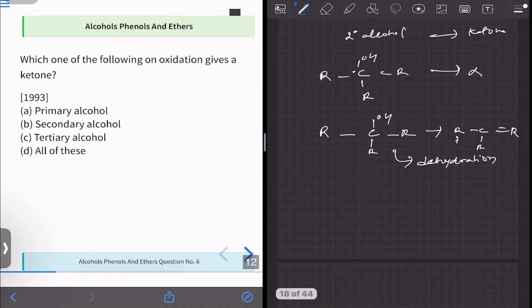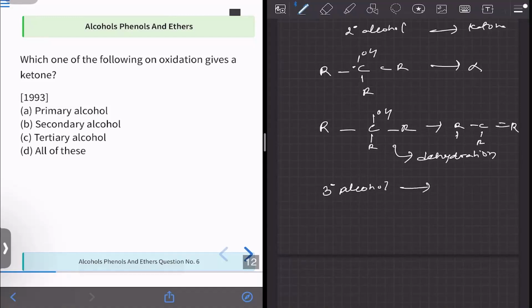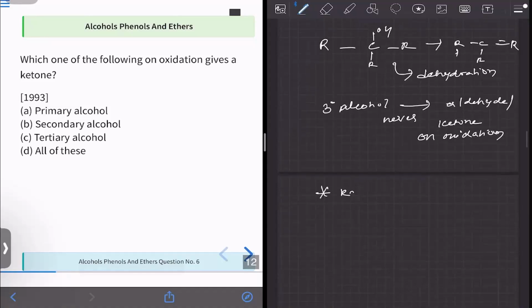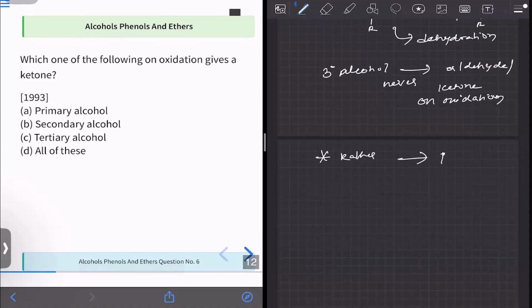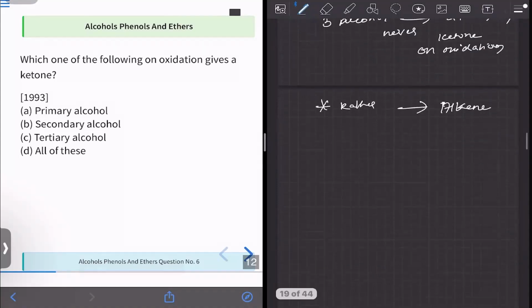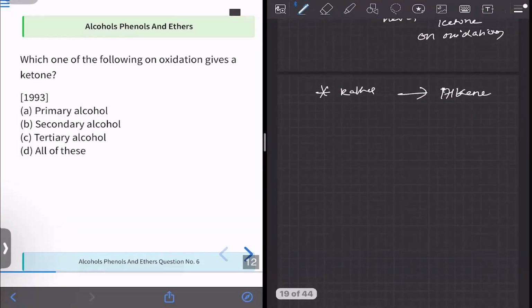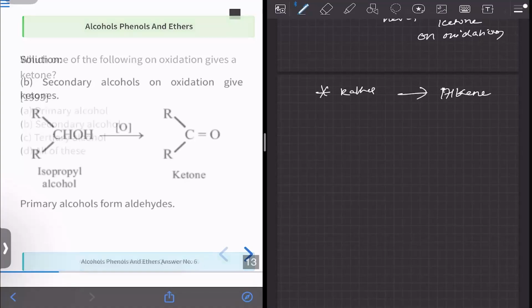So tertiary alcohols never produce aldehyde or ketone on oxidation; rather, they produce alkenes. So what is the option? The option will be secondary alcohol. We all know primary gives aldehyde, secondary gives ketone, and tertiary does not give any aldehyde or ketone. It only undergoes a dehydration reaction and gives alkene.